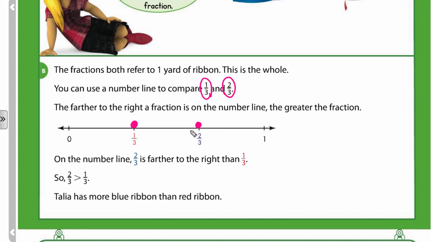So to the right here we have 2/3. So 2/3 is bigger than 1/3. Why? Because 2/3 is to the right of 1/3. So as Ali said, we have more blue than red, because the blue is 2/3.